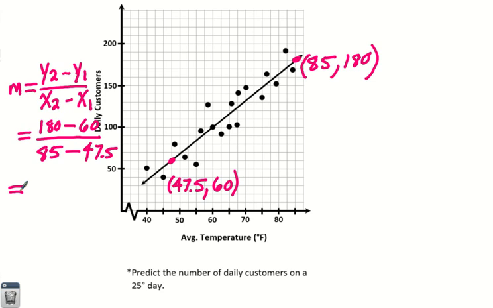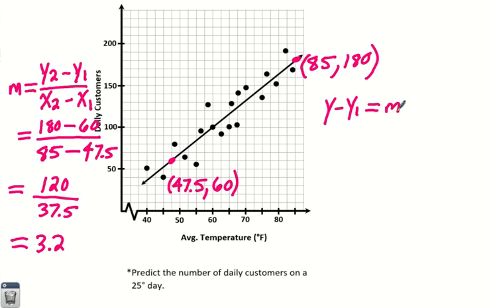So 180 minus 60 should be 120. 85 minus 47.5 is 37.5. And just to mix things up a little bit, let's actually just go with a decimal for my final slope. Let's get nuts. 120 divided by 37.5 is 3.2 exactly. All right, that works for me. And so here we go.